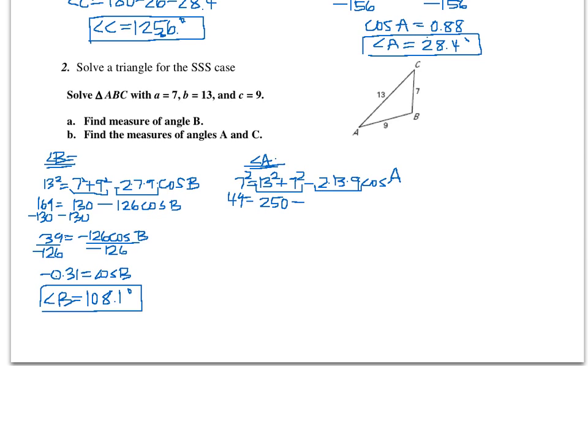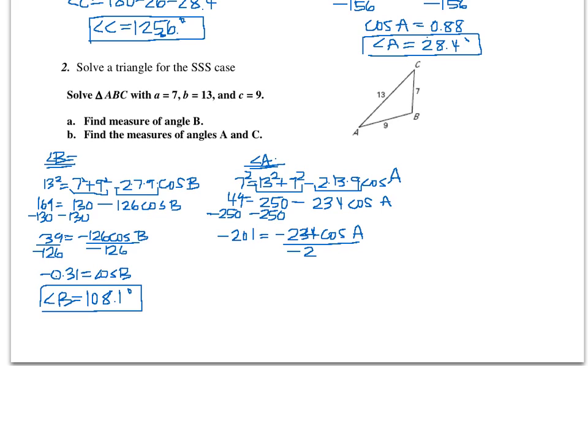Minus 2 times 13 times 9 is 234 cosine of A. Again, I move the 250 first. I end up getting negative 201 equals negative 234 times the cosine of A.